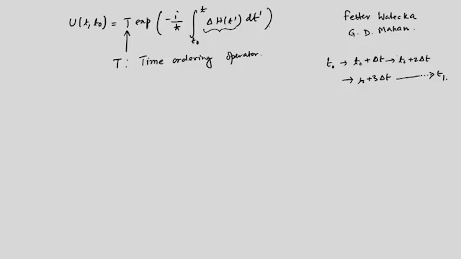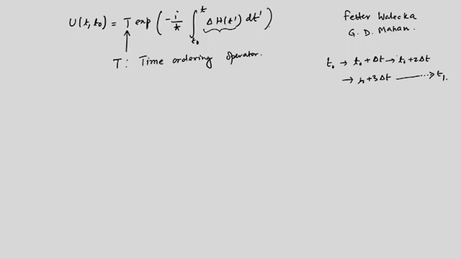I mean, basically to order these times in the sequence that they are occurring. And why is that important? It is important because your delta H at time t1 will not commute with delta H at time t2 in general. Otherwise, if they commute at all times, then there is no problem, and the problem is much simpler. Because you have a time dependent problem which explicitly depends on time, you need to keep track of the way they are occurring. So this is that time ordering operator that you come across.